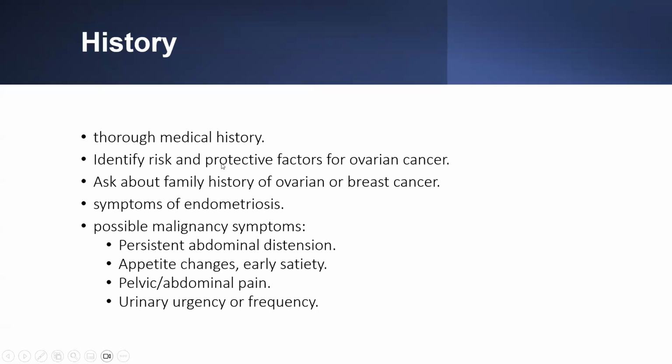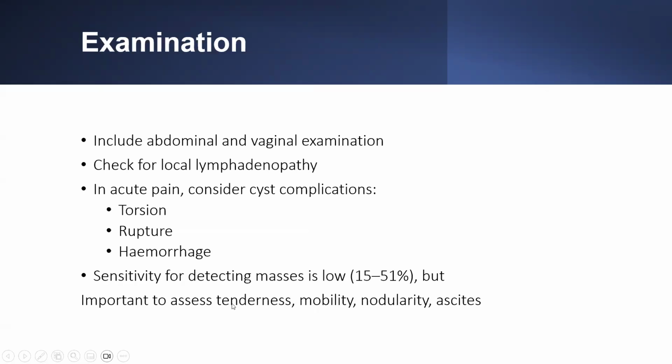For example, a protective factor is the patient taking combined pills, while risk factors are that she's a smoker or has a family history of ovarian or breast cancer. We will inquire about symptoms of endometriosis. And to rule out possible malignancy, we will inquire about persistent abdominal distension, appetite changes, pelvic or abdominal pain, urinary urgency or frequency. These are symptoms indicating towards malignancy.